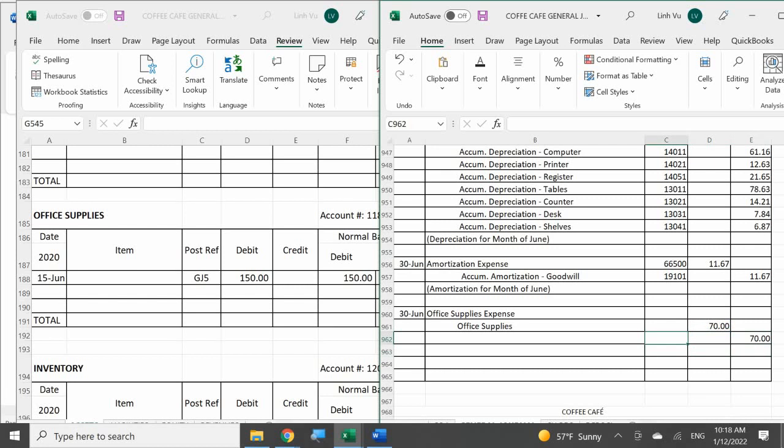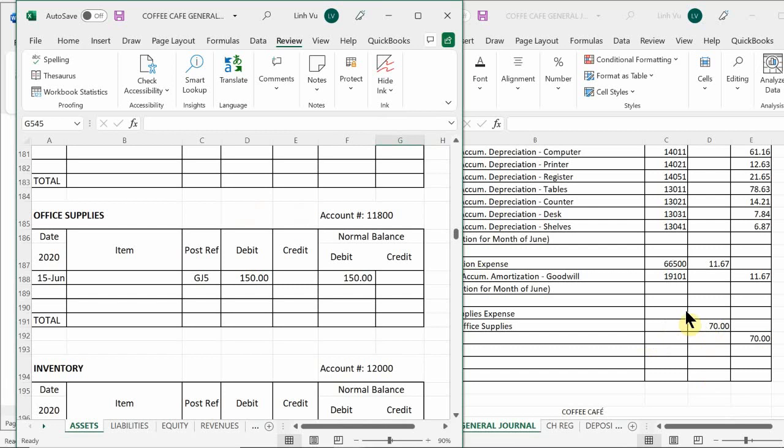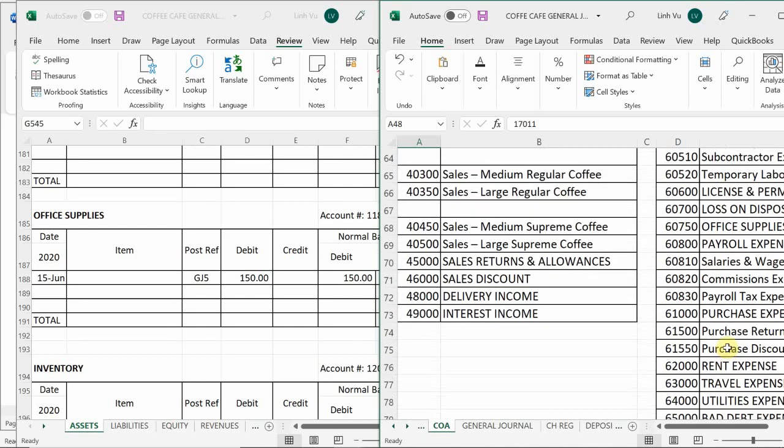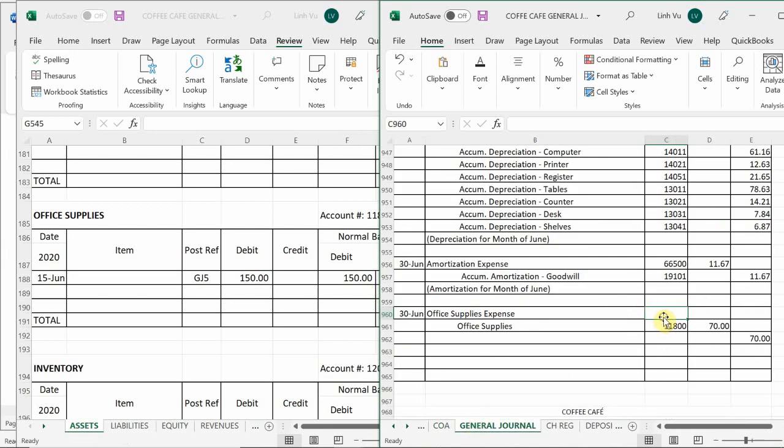So office supplies is account number 11,800, and our office supplies expense account is account number 6750.